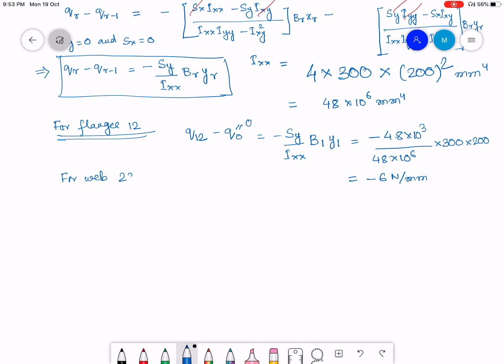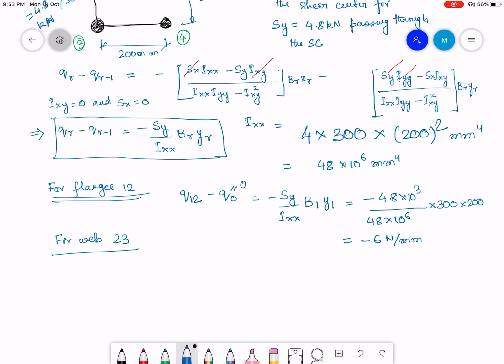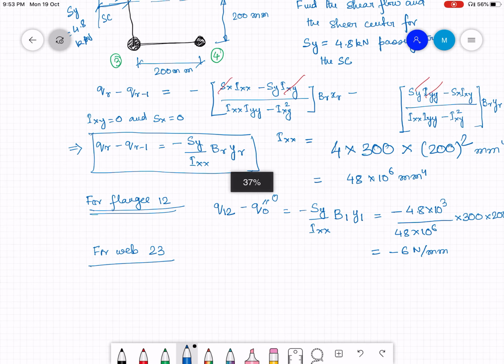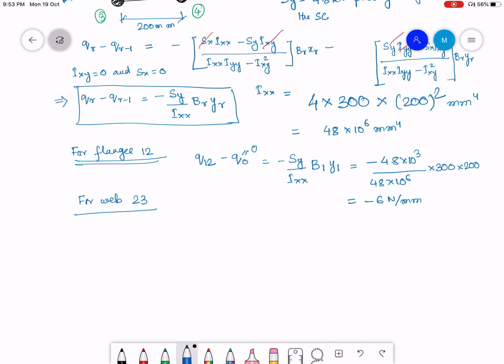Now let us see for web 2, 3. For web 2, 3, it is going to be Q23 minus Q12 is equal to minus Sy by Ixx into B2 into Y2.